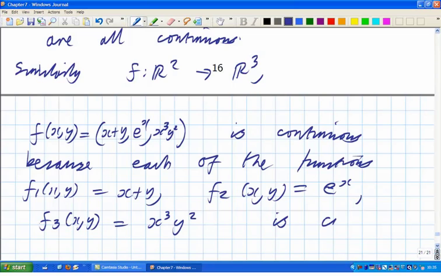This one doesn't depend on y, so it's constant along vertical lines, but it's still a perfectly good function of x and y. It's not the same as the one variable function e to the x, which is only defined on the real line. f3 of (x,y), again, equals x cubed y squared. Each of these is continuous from R squared to R.